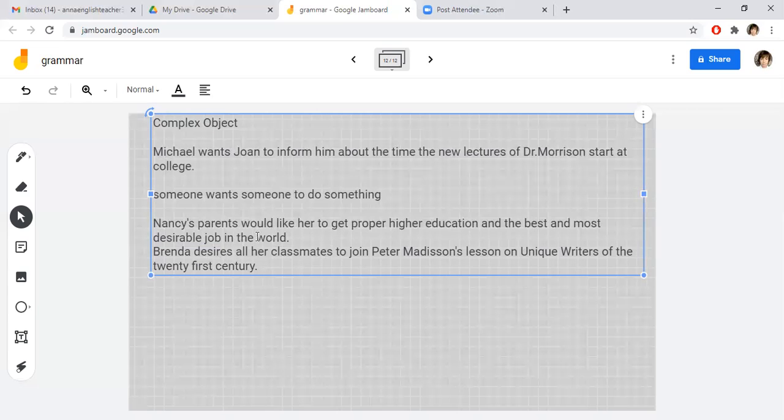This is the next person element that consists of several people or Brenda's classmates. We don't know how many of them are there, probably a lot. And then the particle to, and then all the rest of information, the desirable thing. Join Peter Madison's lesson on the unique writers of the 21st century.